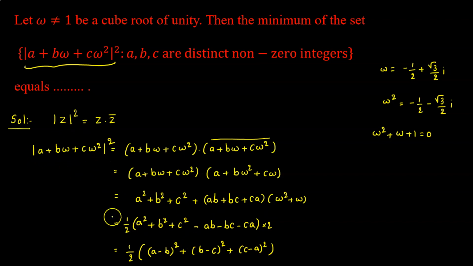Now we want this quantity to be minimum. And we also know that a, b, c are distinct non-zero integers. That means the least possible value, suppose a minus b, b minus c, c minus a. Suppose if we take a minus b as 1 and b minus c as 1, then c minus a, suppose if I take, let's say, we can take any example, let us say a is some 6.